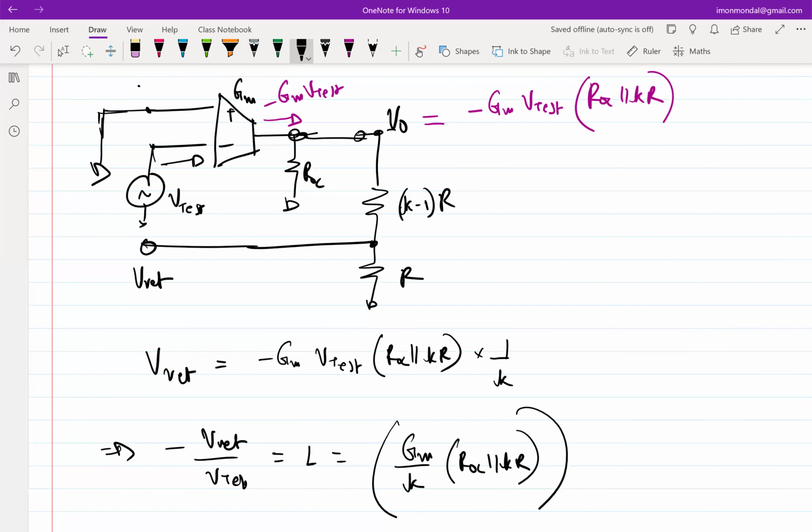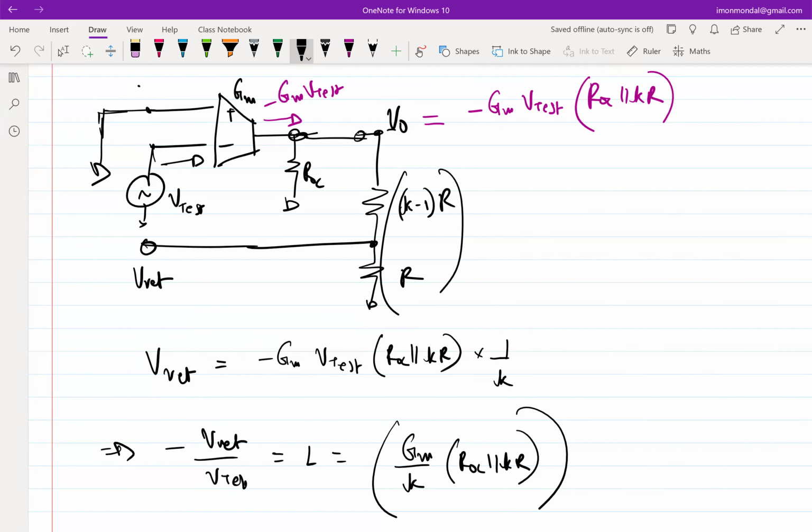So one obvious thing that you can do is to say that I will choose the values of R in such a way that it does not load ROC or does not load the GM, so that all I am bothered about is the ratio of R and K minus 1 R. I can choose R to be a very large value. There is no harm in doing that.